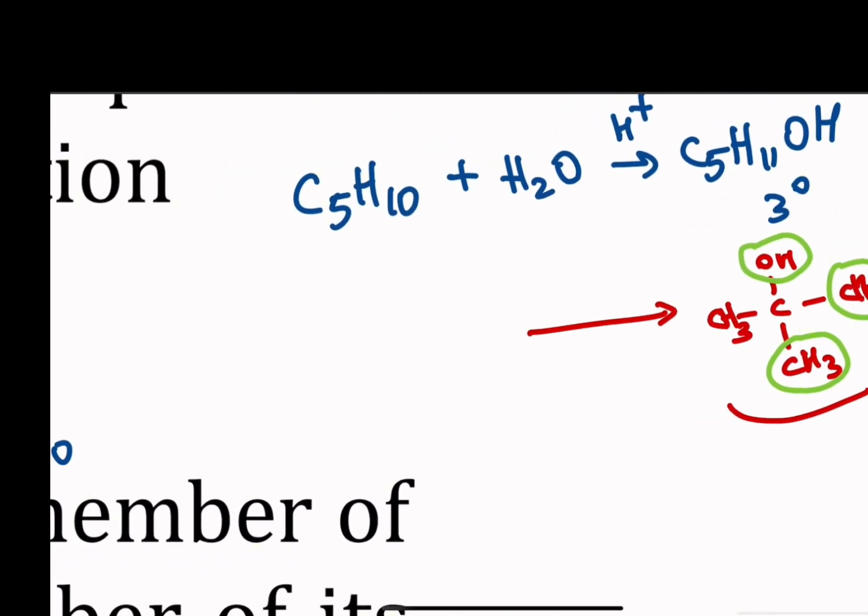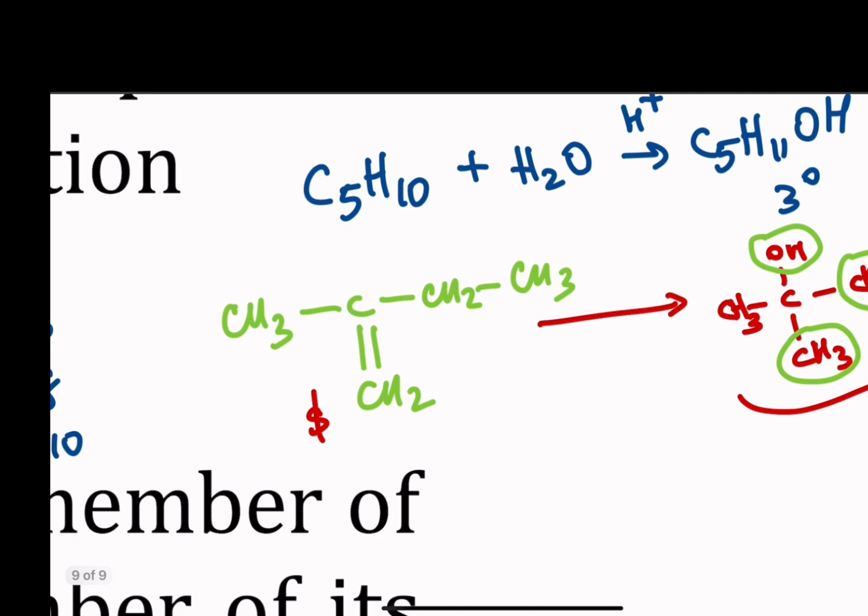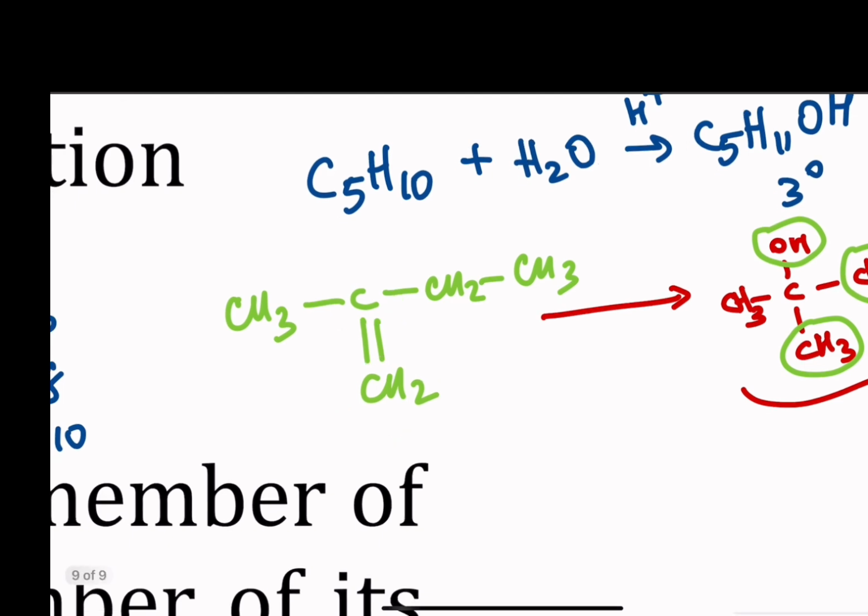Now, if I draw it, it's going to look like CH3, C, CH, and CH3. It will be looking like this, right? Because this carbon is rich with hydrogens, while this one is poor. So when you add the water, H comes here and OH comes to here, which gives you that product.